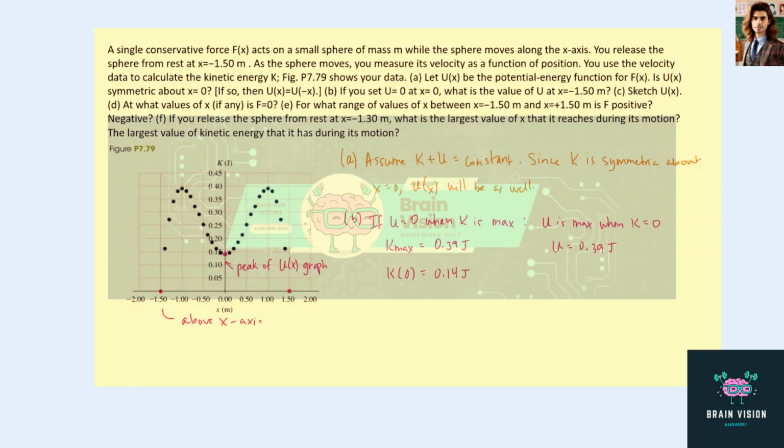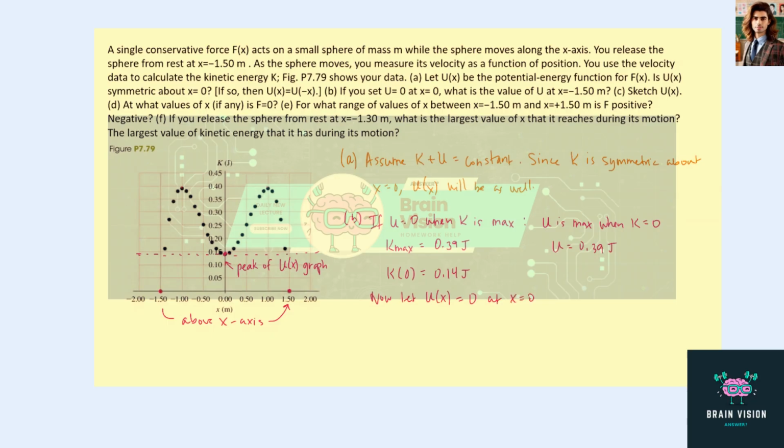This question is so much easier to answer if you actually plot U of x first, but that's not the order they gave us. So the difference between this 0.14 that we had for kinetic energy and 0 is going to become the same difference between the peak of our U of x graph and the value of U of x at 1.5. So now let U of x be 0 at x equals 0.